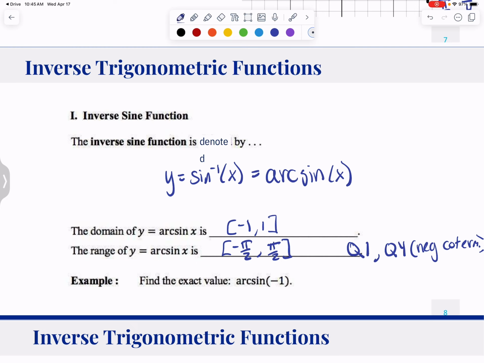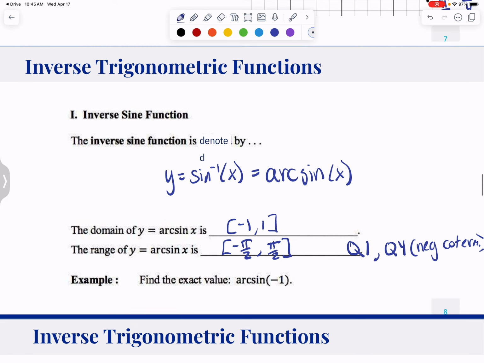The exact value of arc sine of negative 1, remember that means our inverses and their original functions have outputs and inputs exactly switched. So if that is true, then we know that sine of some angle equals negative 1. Well, sine is y, and that means our y value is negative 1 at 3 pi over 2.